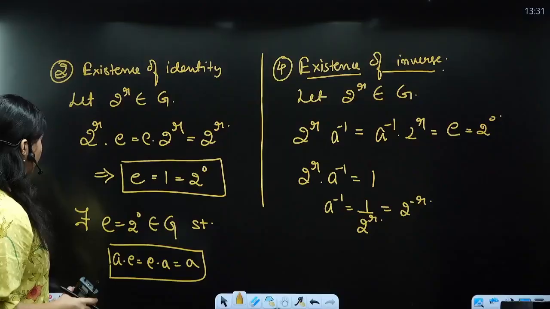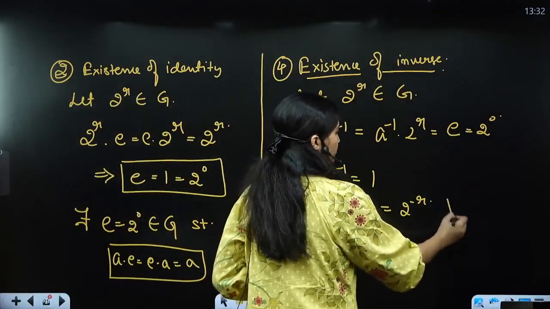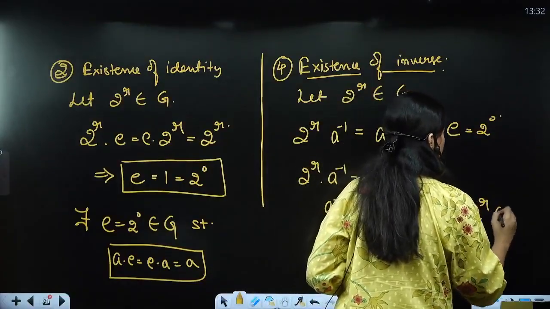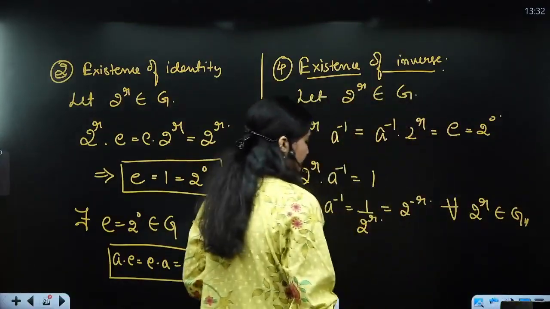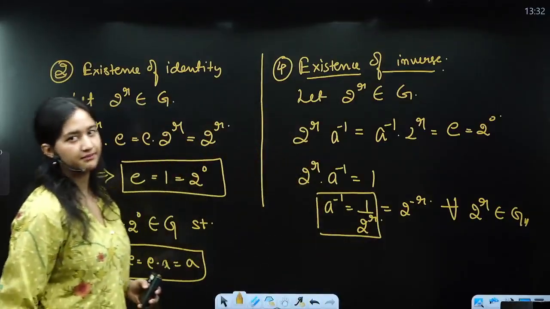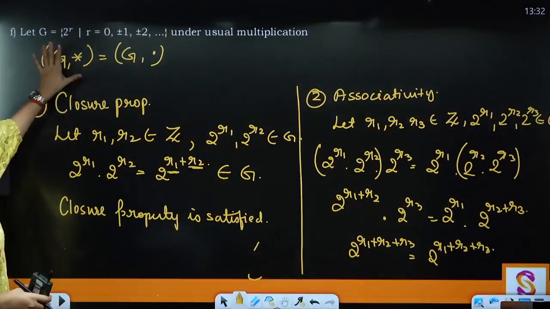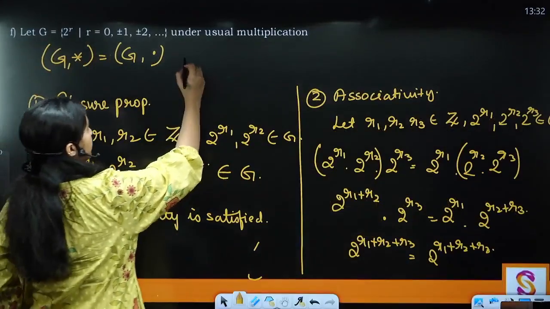So that means for every element I am going to get an inverse element, and this is going to be true for all 2 raised to the power r that belongs to G. So a inverse is 2 raised to the power minus r. So this implies that the set G under multiplication forms a group.